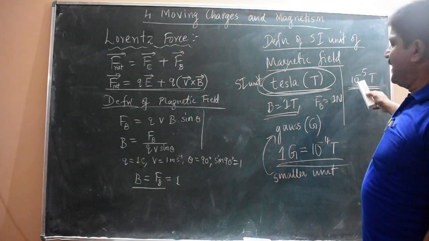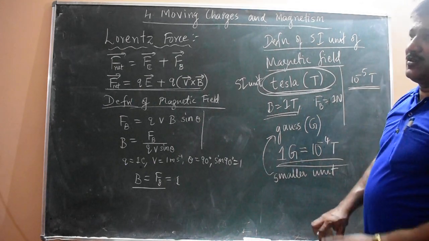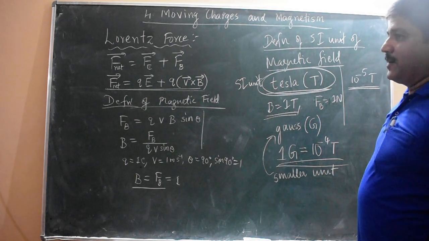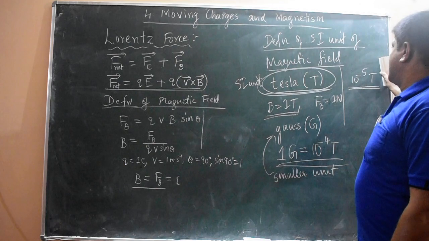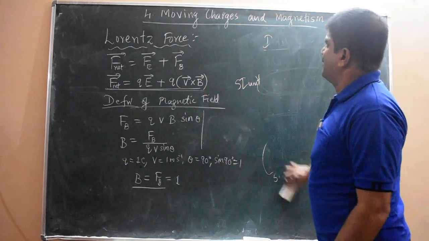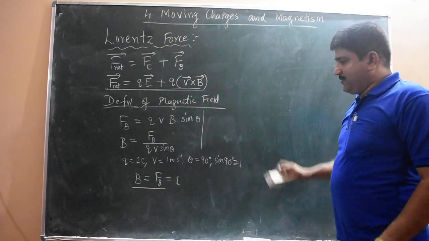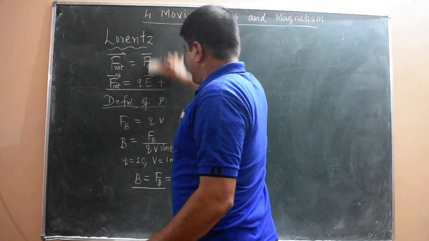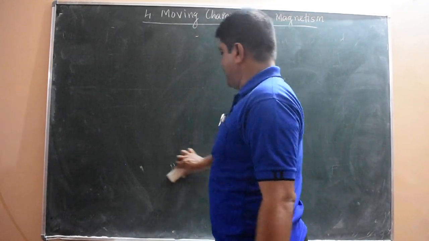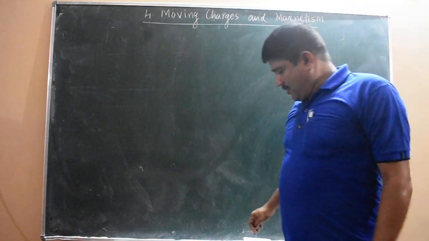Its horizontal component is roughly 3.6 into 10 power minus 5 Tesla in India, though it varies from place to place. Horizontal component means when we resolve Earth's magnetic field into 2 components, one is horizontal and the other vertical.